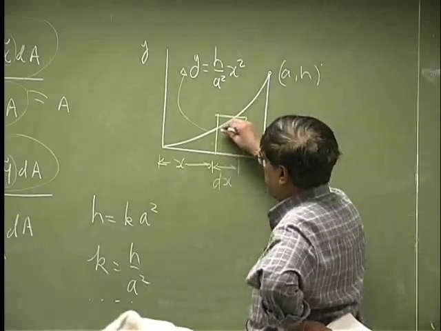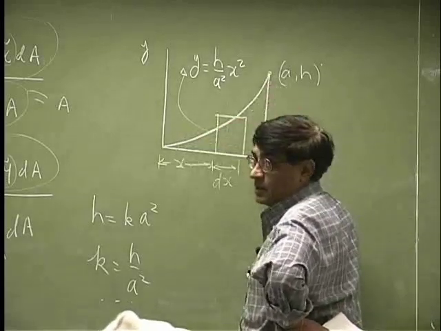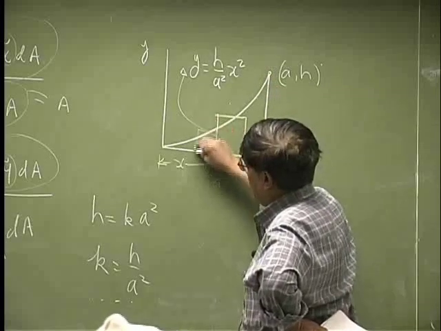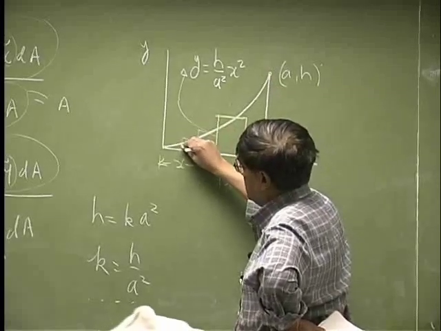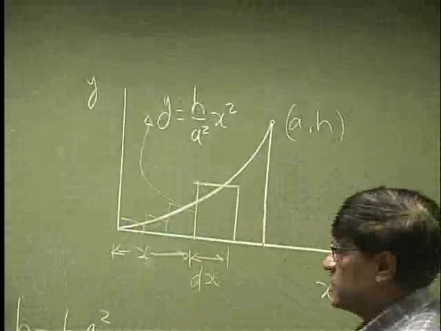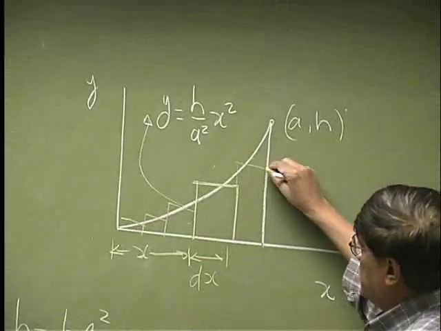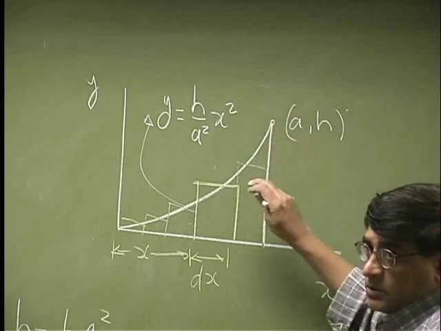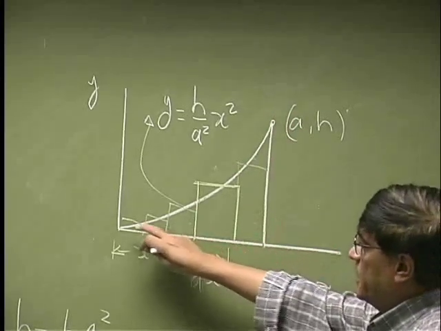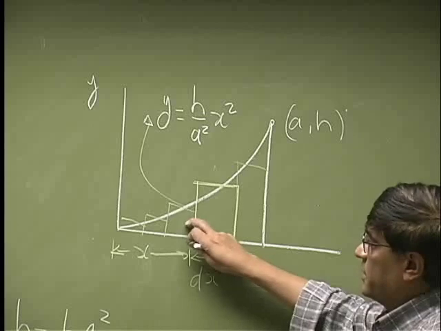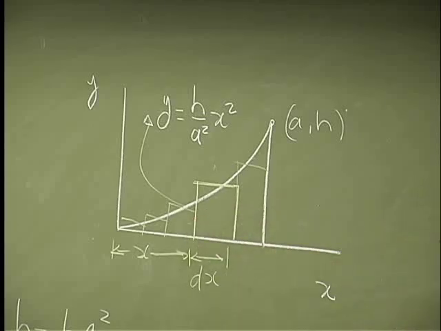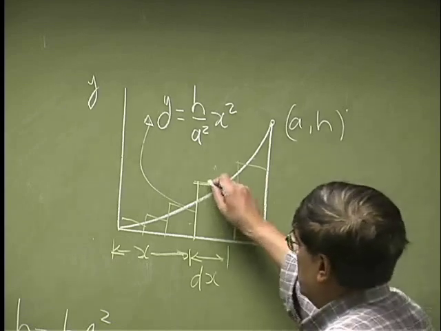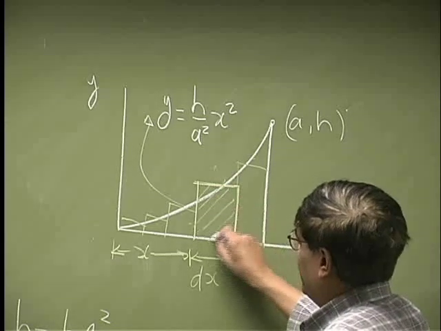And the idea here is that this whole area is made of small rectangles which are going like this. So you have, let's say, this rectangle here. So the entire area is added up as this rectangle, this, and this. So we just pick one of those. So that becomes our representative rectangle.